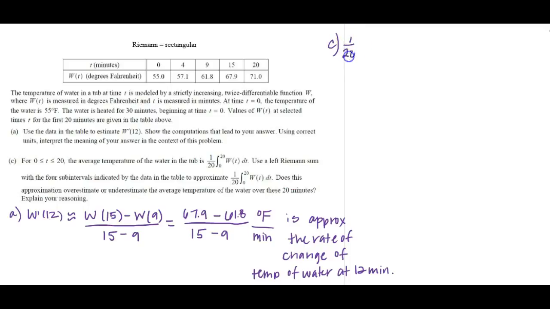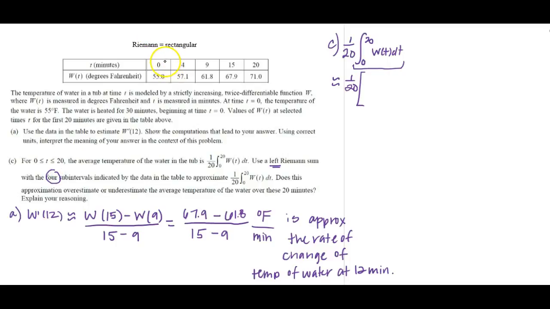So 1 over 20, the integral from 0 to 20 of W of t dt is approximately, so I have to bring down that 1 over 20, because the part that I'm going to use the left Riemann sum on is the definite integral. So 1 over 20 stays, and then I have to do a left rectangular sum with 4 subintervals.